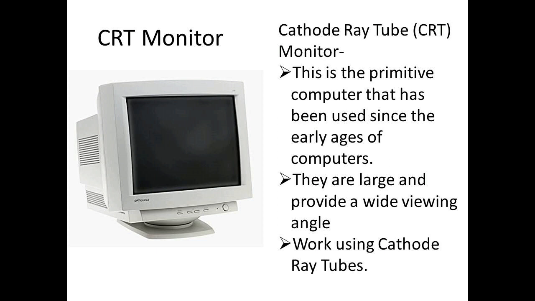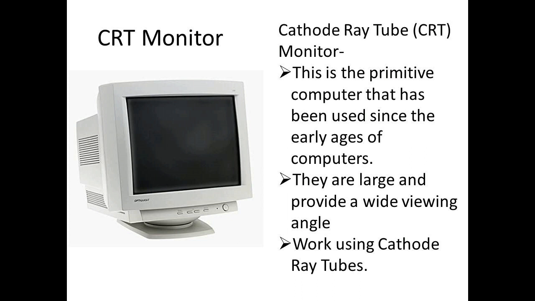Okay. First one, CRT monitor. CRT means cathode ray tube. It's the full form of CRT, cathode ray tube monitor. This is the primitive computer monitor that has been used since the early ages of computers.